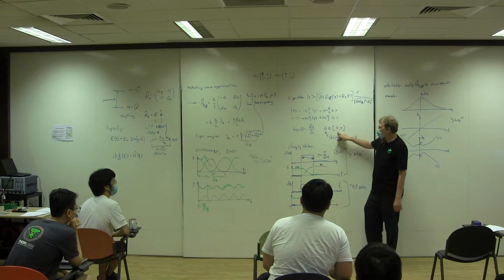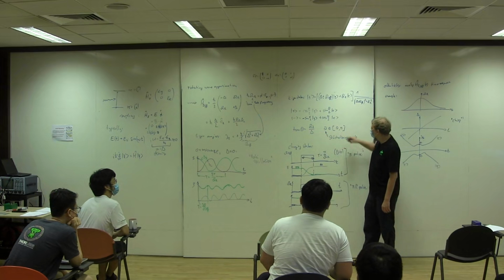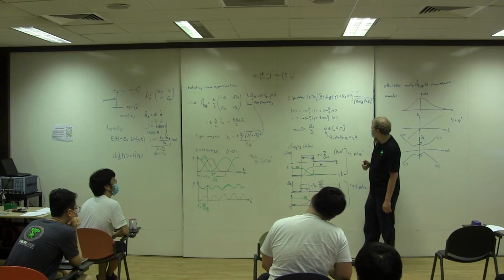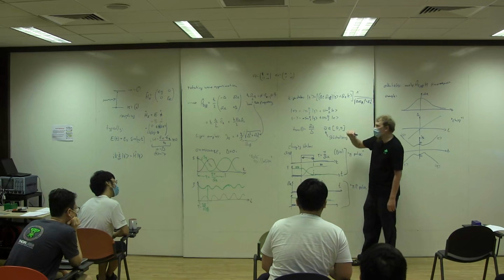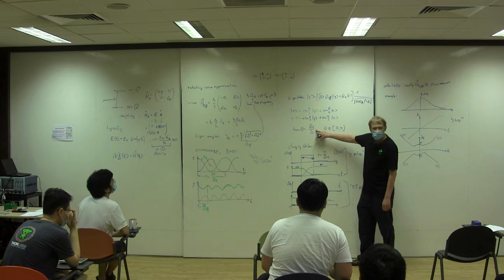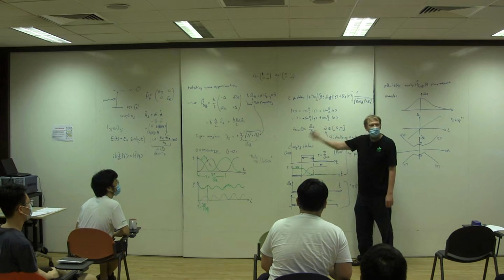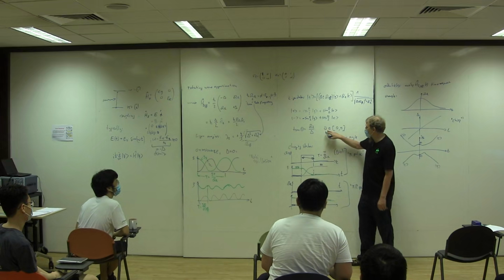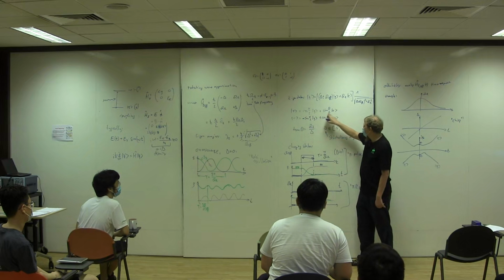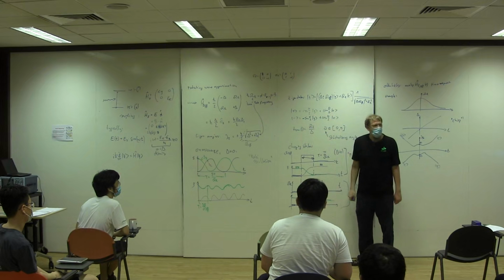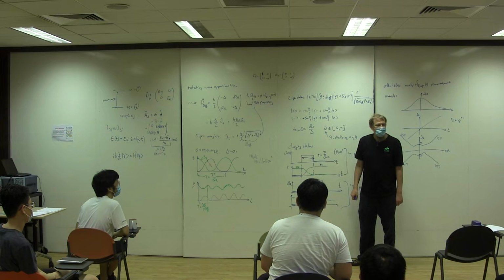If you restrict the tangent between 0 and pi, then this ratio is slightly positive or slightly negative, and it will correspond to either 0 or pi for this angle here. And that means that if you have 0, then the ground state is the plus state. If you have pi, then the excited state is the plus state. I'm not sure whether I'm making this clear. I think it should make sense.